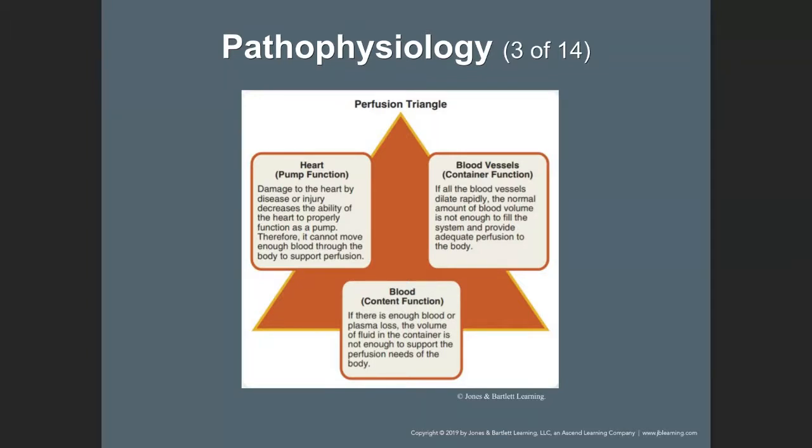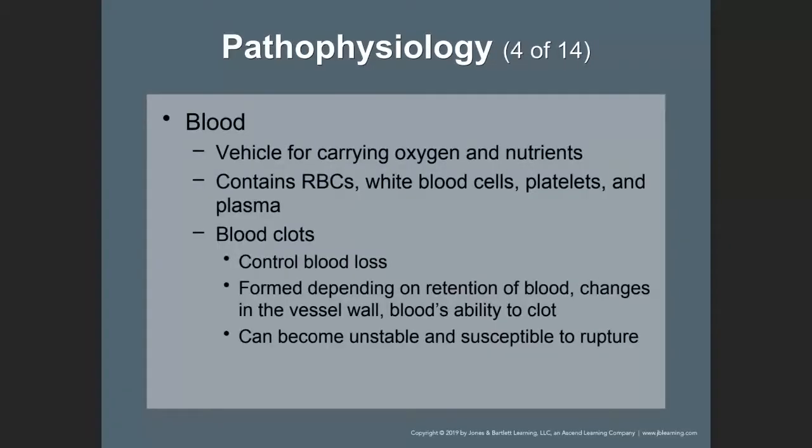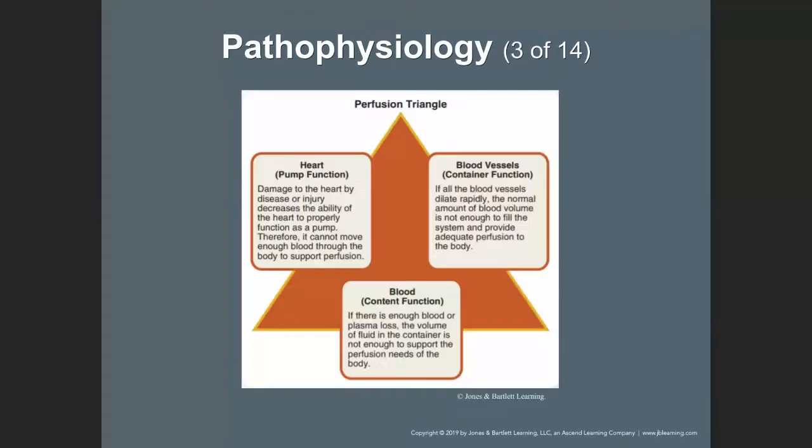Once these components are functioning effectively, the process of perfusion will occur as long as oxygen can reach the blood. When a patient goes into shock, it will affect either a specific area of the perfusion triangle or multiple areas.